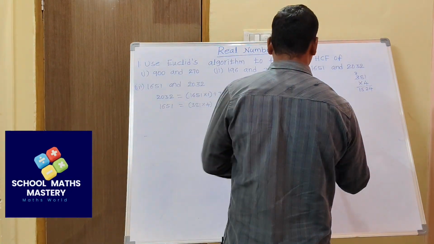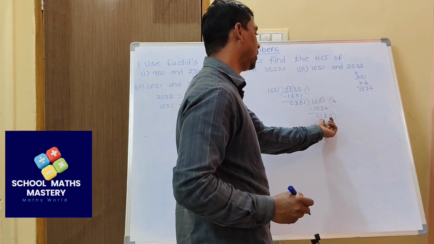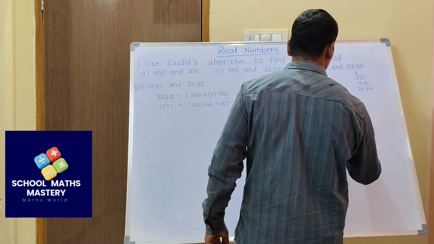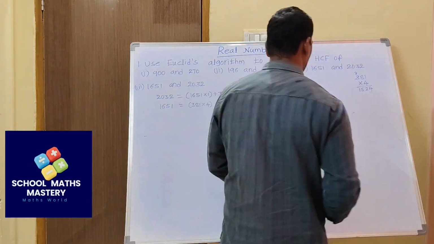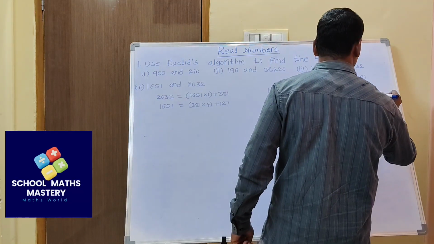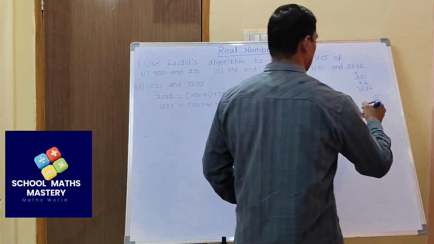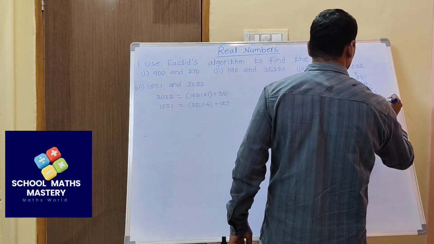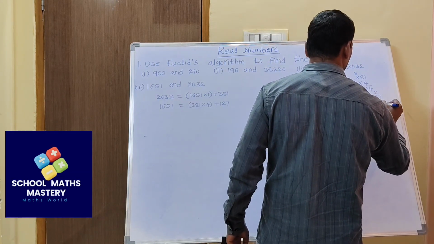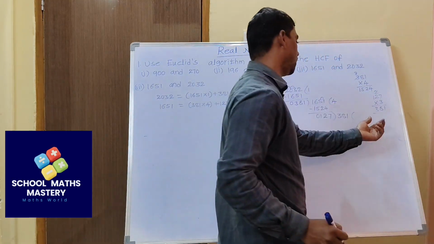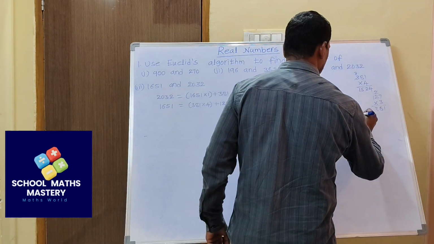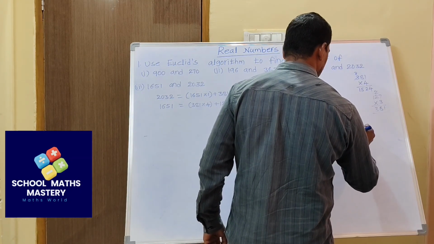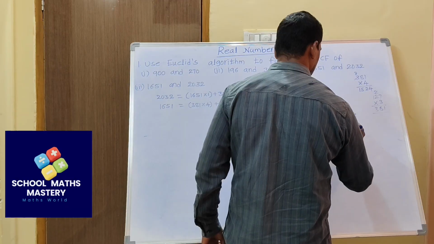Okay, now 127, 381. The remainder 127 changes into divisor, divisor changes into dividend. 381, 127, nearly 3 times. Okay, check once: 3 7s are 21, 1, 2 carry, 3 2s are 6, 6 plus 2, 8, 3 1s are 3. Okay, 381 3 times 381. Minus: 1 minus 1, 0, 8 minus 8, 0, 3 minus 3, 0.